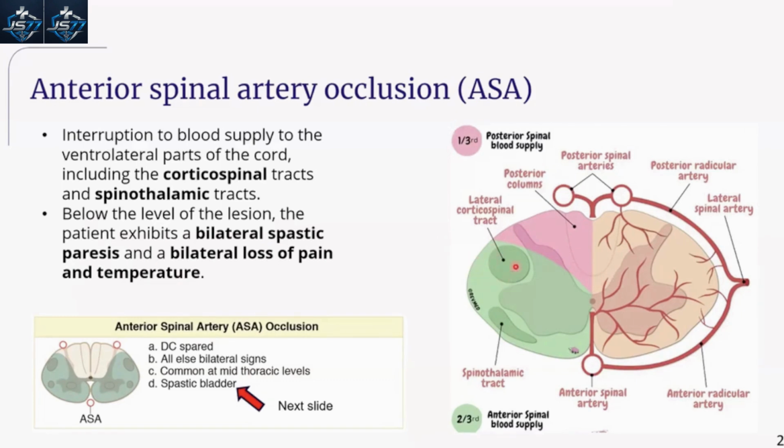Well, spinothalamic tract, right, the one for pain and temperature, this guy's found very anterior in the spinal cord. It's going to be slightly more posterior in the brainstem, but in the spinal cord, it's very anterior. So pain and temperature is going to be affected as well. Notice that it's bilateral this time as opposed to ipsi or contra, simply because this artery provides blood to both sides.